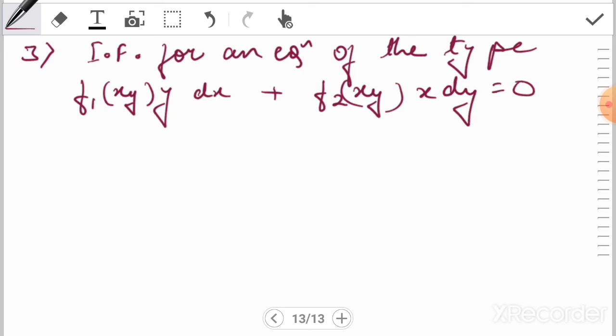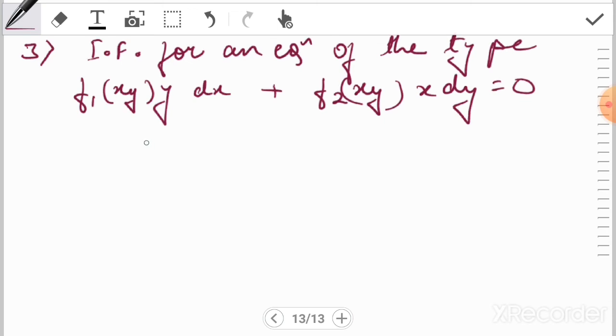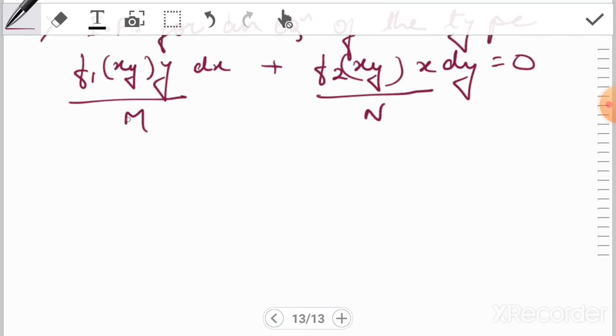So if the equation is of this type, then this is M and this is N. So this is M dx plus N dy is equal to 0.